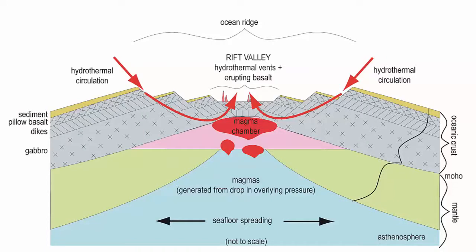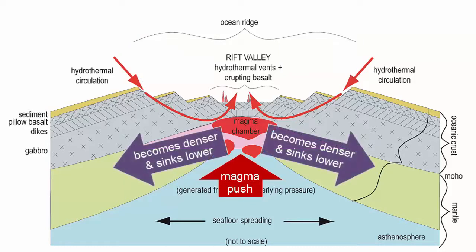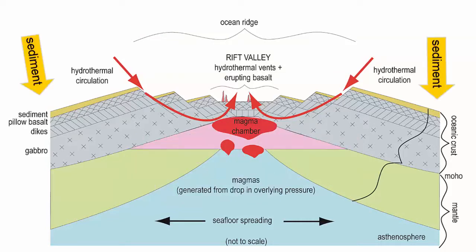As new seafloor forms at the ridges and is pushed away on either side, the crust on both sides gets slowly colder and older. As the lithosphere leaves the upwarped push of the ridge and attaches more mantle to its base, it becomes denser and sinks lower into the asthenosphere. Sediment collects atop, the smallest amount at the ridge, where new seafloor is exposed.